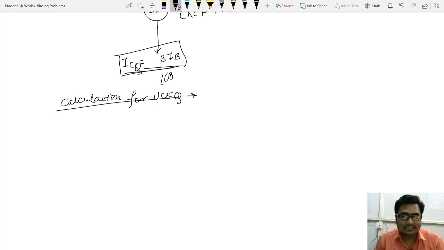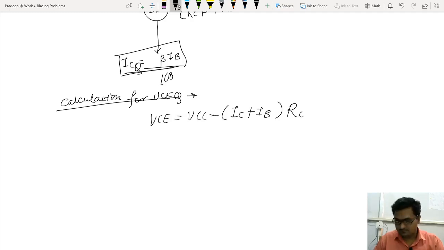So VCE is equal to, now let me apply KVL and let me write VCC minus IC plus IB multiplied by RC. Now VCC is known, ICQ you have calculated, IB is also calculated, RC is given.